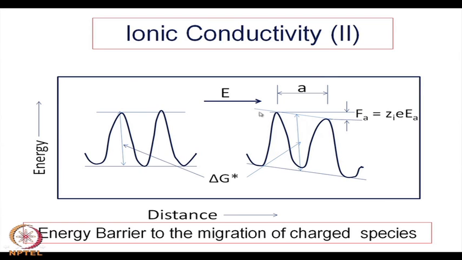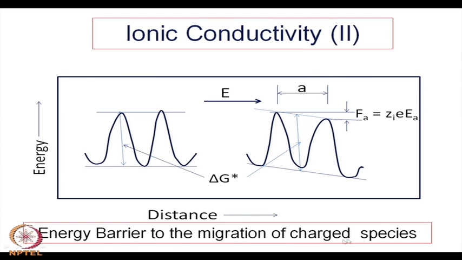So, there is a lower potential on this side than the higher potential on this side. Naturally, there is a driving force which will drive these ions in the direction of the applied electric field. This is the basic thing, and the energy barrier here is delta G star, both in this case as well as in this case. So, this has only been depressed in this direction.